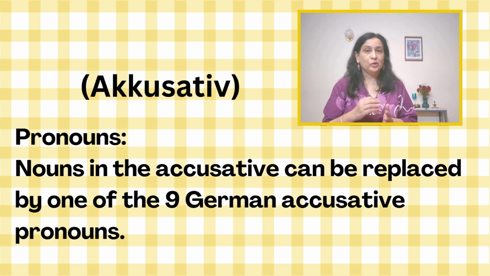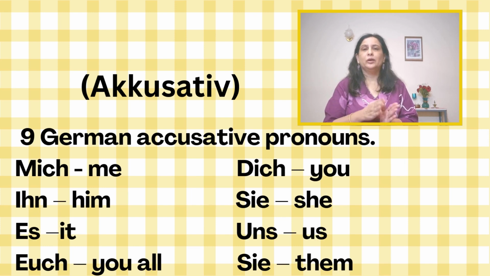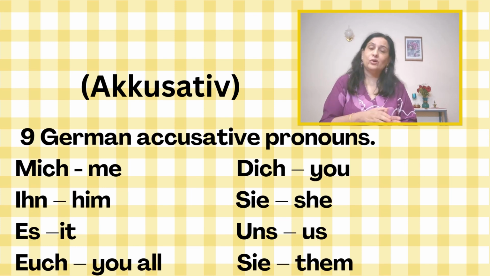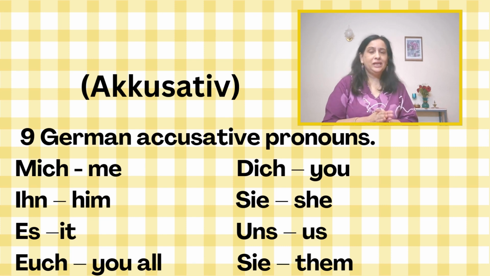Then we'll see the pronouns and how it happens. The noun can be replaced with one of these pronouns in German. Now for me it will be mich, for you it will be dich. Then for him it will be ihn, I-H-N, ihn. Sie is she. Then es is it.